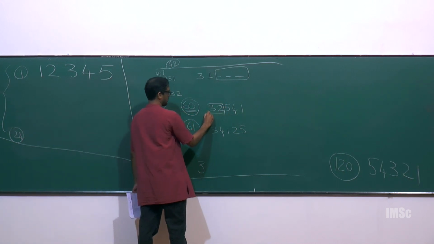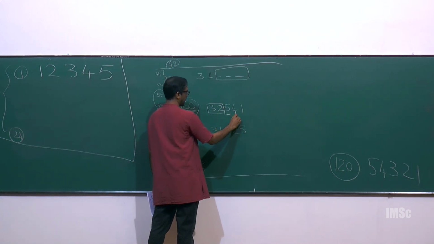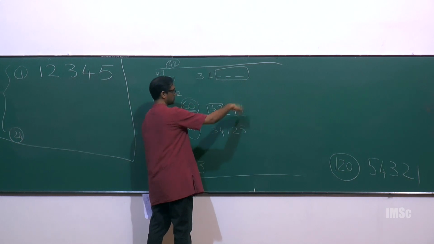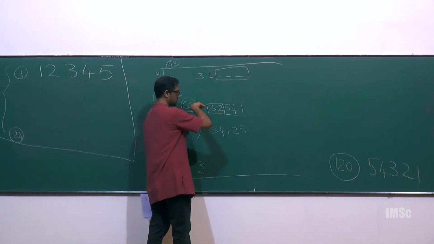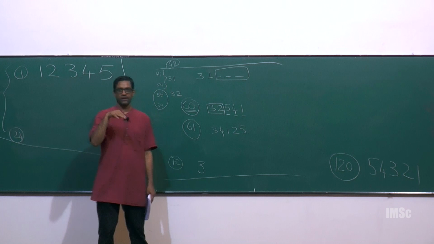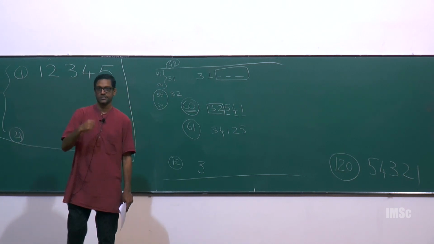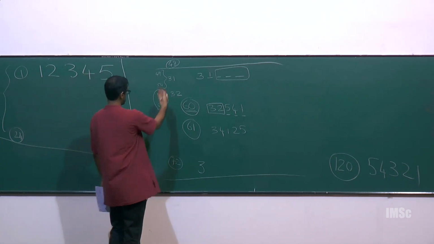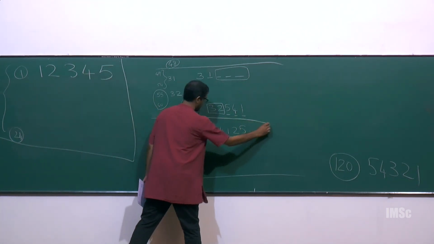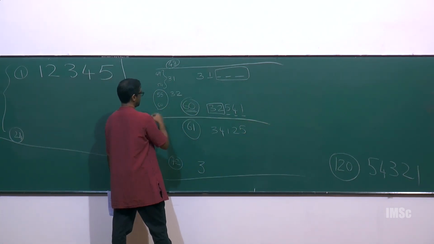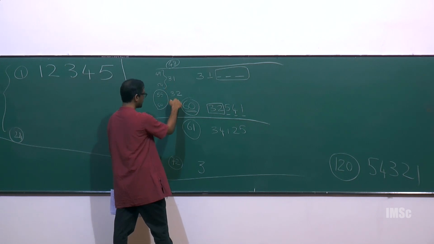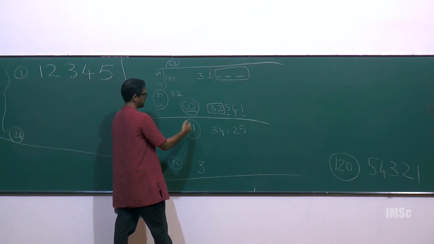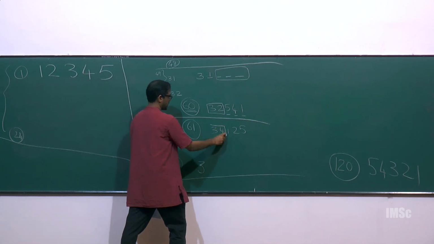So the first 2 are 3 and 2, and what's the very last of the permutations of 5, 4, and 1? Well, you write them in descending order, right? 5, 4, 1 will be the last of the 6. Okay, so you're done. Then 61 is the next set of 6. So if you look at this, it's going to start, 3, 1 is done, 3, 2 is done, 3, 3 is not possible, 3, 4. This is the next.